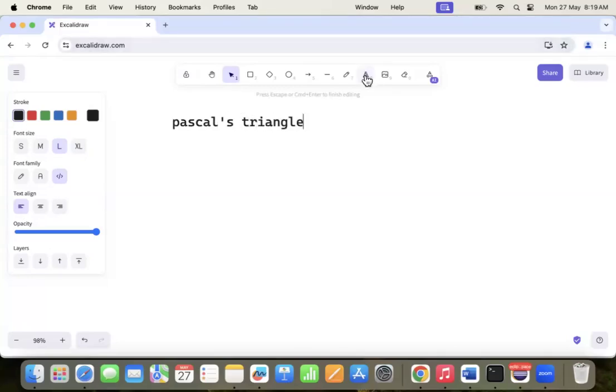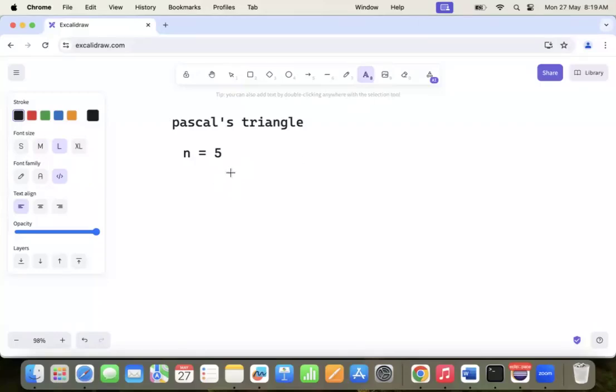When n is equal to 5, the Pascal triangle looks like this. In each row, the first column and last column of the Pascal triangle are 1.